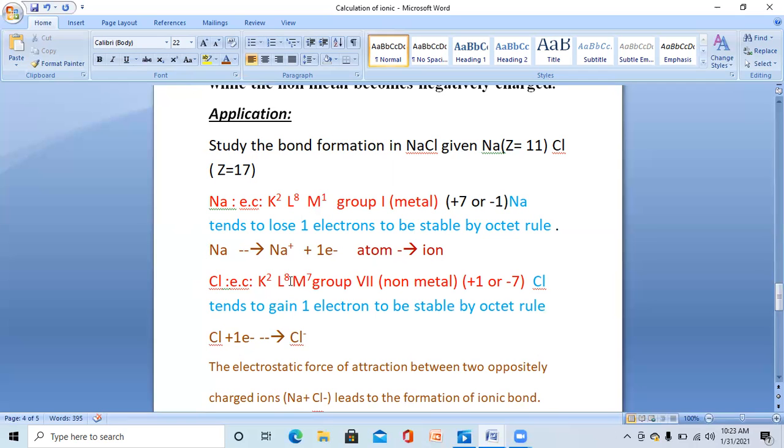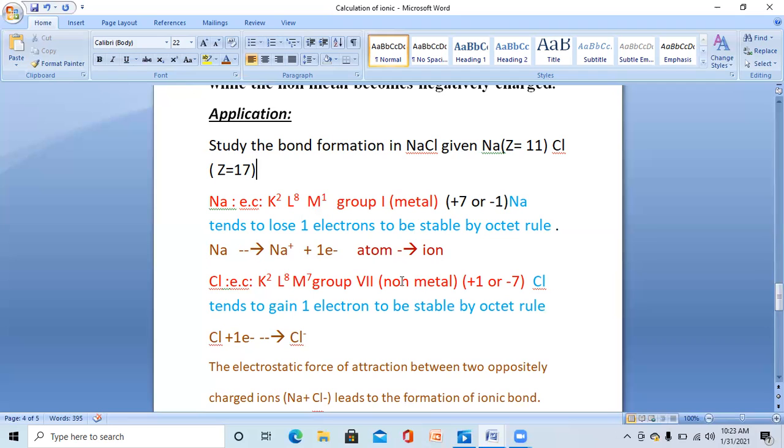In a neutral atom, number of electrons is equal to the number of protons and it is equal to the atomic number Z, which is 17. The electron configuration is K2, L8, 7. Since Cl has 7 electrons on the last energy level, then it belongs to group 7. Since it belongs to group 7, then it is non-metal.